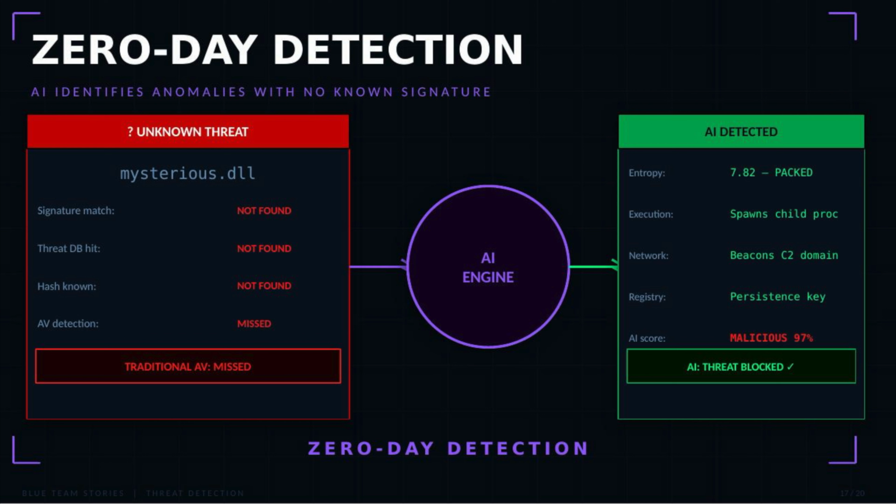Behavior-based detection and artificial intelligence help solve this problem by focusing on suspicious activity rather than known malware patterns alone. If a program suddenly behaves abnormally, modifies critical files, disables security controls, or spreads unexpectedly across systems, AI-driven detection engines can identify the activity as malicious even if the threat has never been seen before.